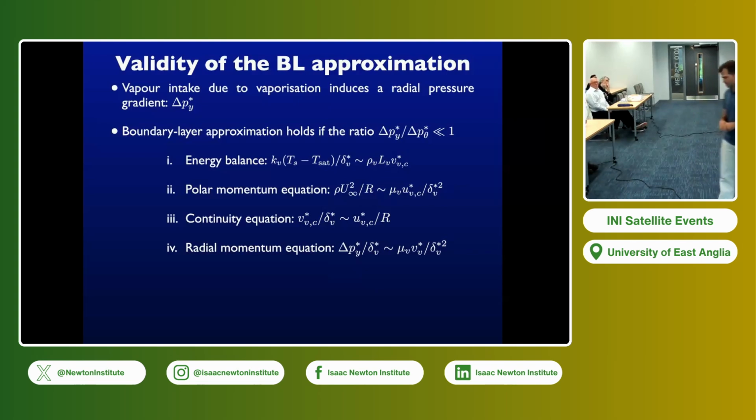The largest velocities we are going to observe occur when the energy is only employed to vaporize, because in other cases part of the energy would go to heat up the liquid. In this case, we will have the largest radial velocities, and that is the most restrictive case for this balance.